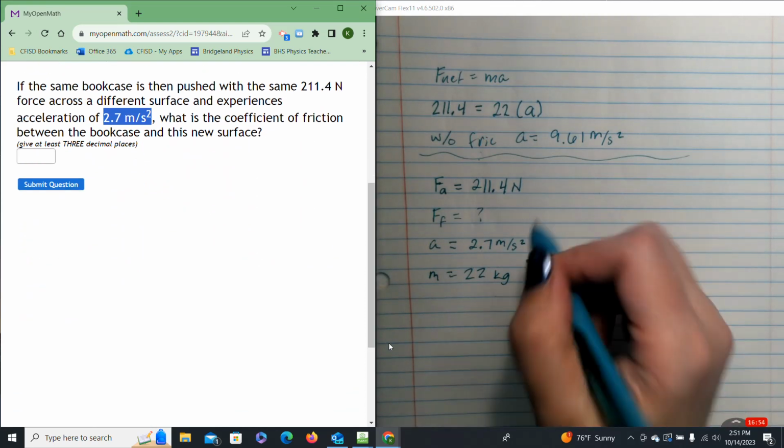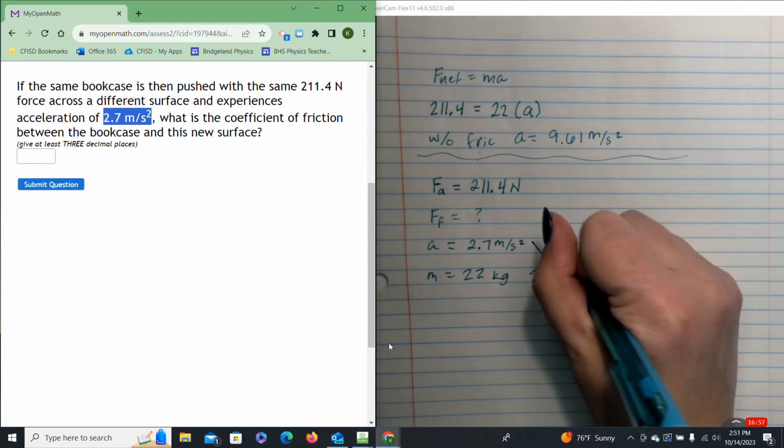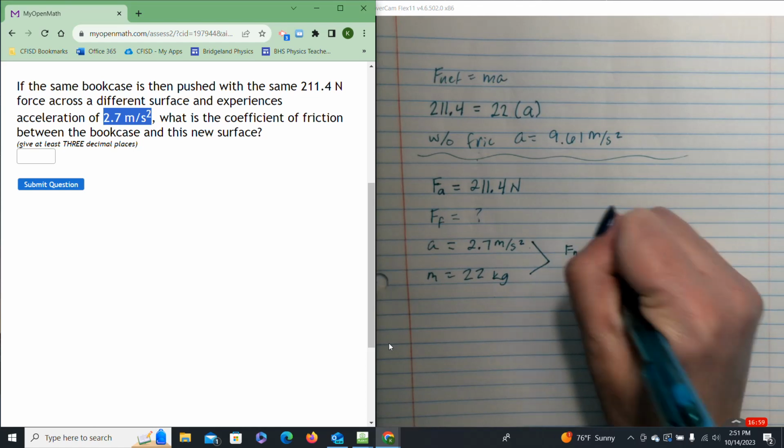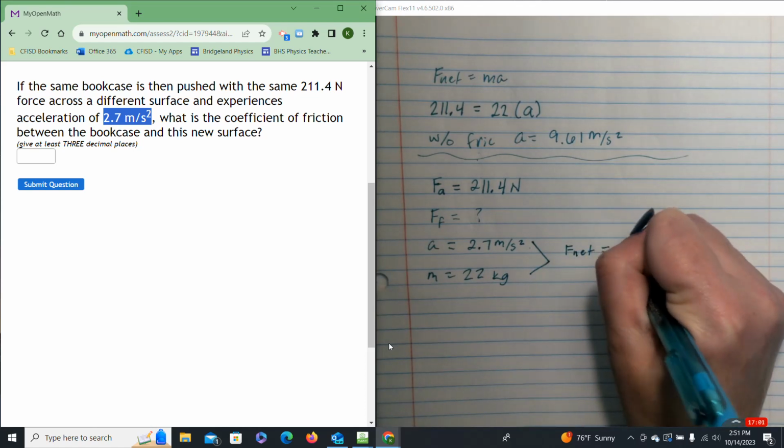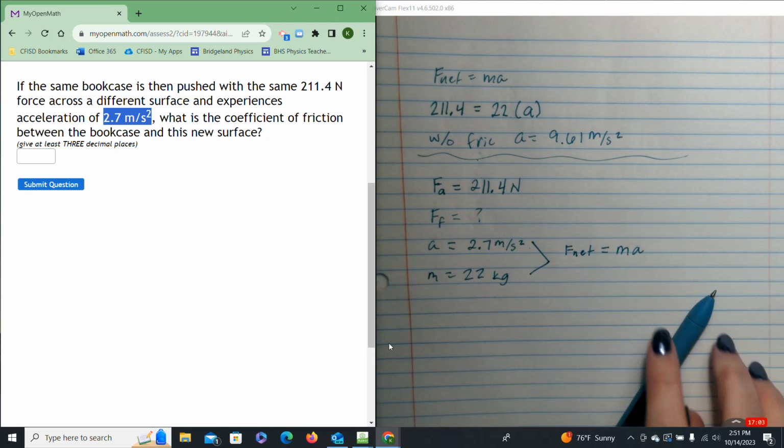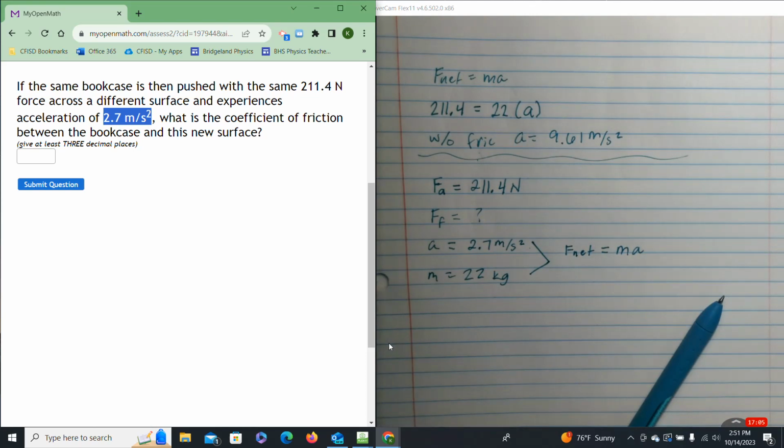With these two pieces of information, I can figure out what the net force acting on the bookcase is. That net force is the result of friction and the applied force working against each other. So that's what we're about to do, solve for the net force.